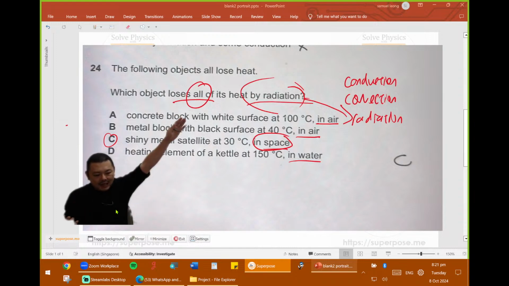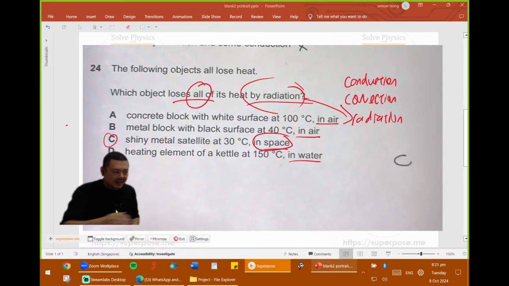Because the objective is I want to lose all by radiation, not even a single bit to air. Where we say air is a poor conductor of heat, poor conductor of heat means that there's still some conduction.